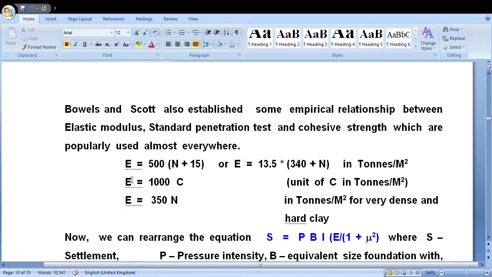In this equation, using the N value, we can estimate the elastic modulus. From cohesion also, we can calculate the elastic modulus. For the N value also, there is another equation. All these equations are very commonly used.